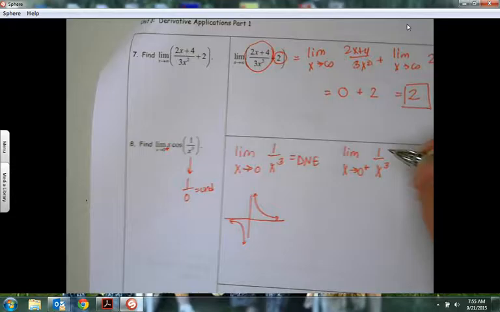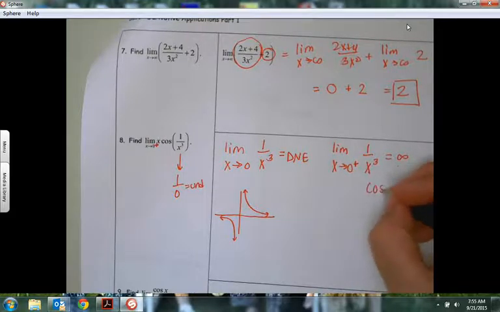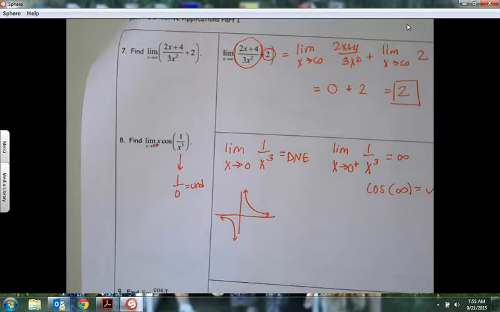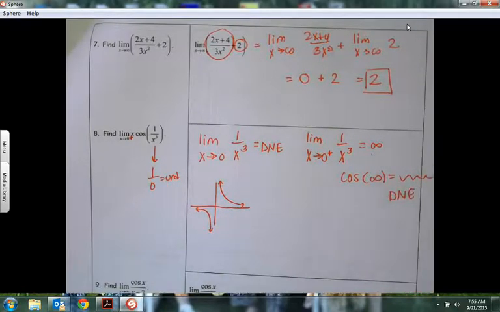So if I take 0 from the right, I know that now that is infinity. Well, gosh, still the cosine, as I go to infinity, it just oscillates. So again, this does not exist. So even if I tried to simplify this out, I'm seeing that I'm not getting something that exists here.